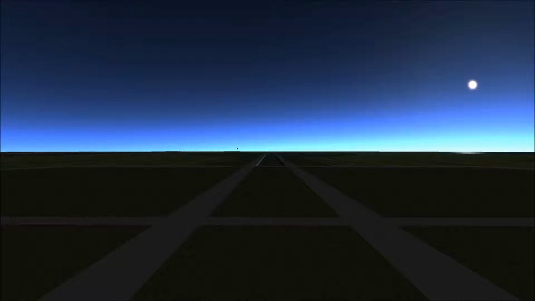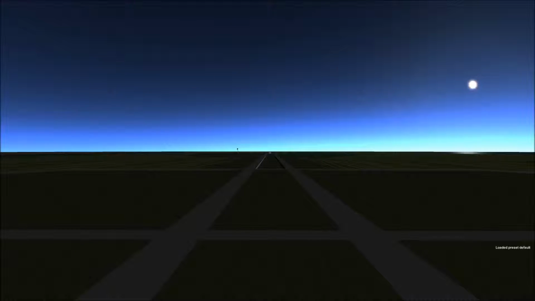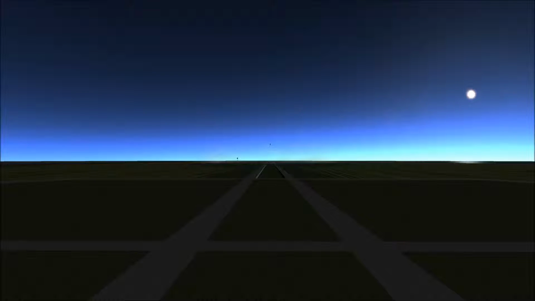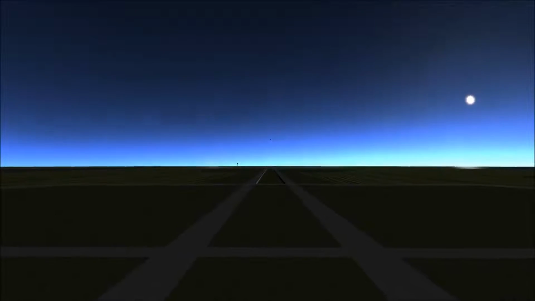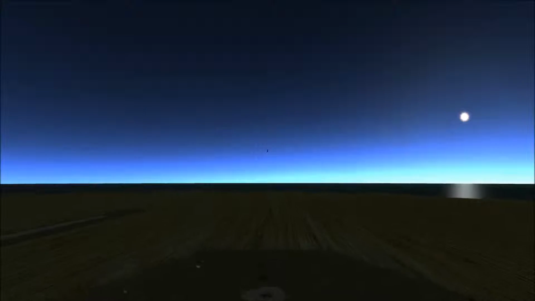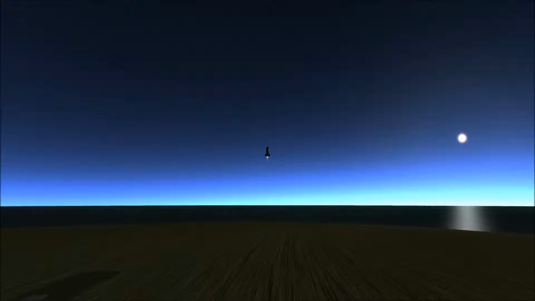Final countdown. 5, 4, 3, 2, 1. Liftoff. Switching to tracking cam. And we have a good launch.